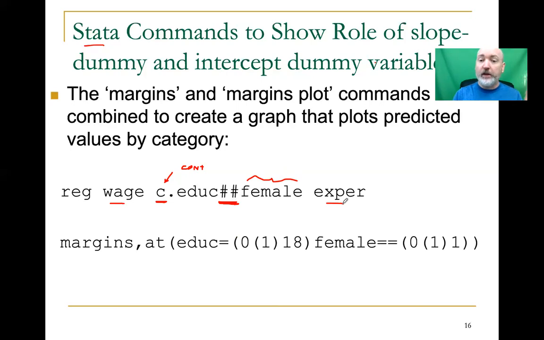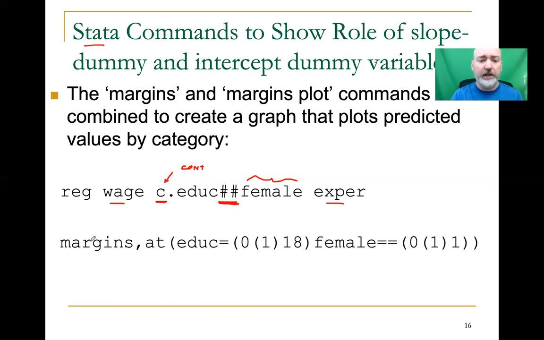So that's one way to streamline the regression. You don't have to clutter up your data file with all these newly generated interaction terms. You can create them within the regression command and then get the results, but the variable actually hasn't been added to your data set.